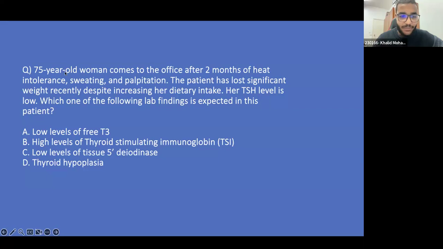Next question. A 75-year-old woman comes to the office after 2 months of heat intolerance, sweating, and palpitation. The patient has lost significant weight recently despite increasing her dietary intake. Her TSH level is low. Which of the following lab findings is expected in this patient?